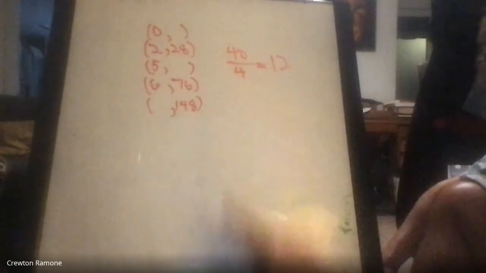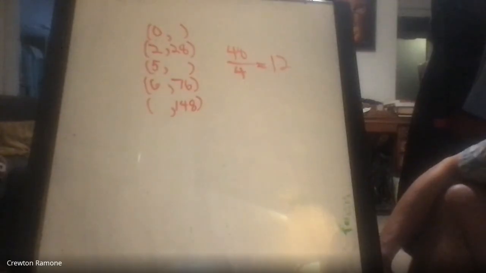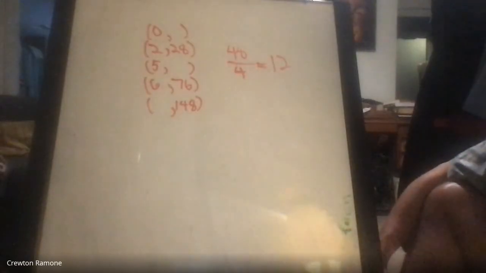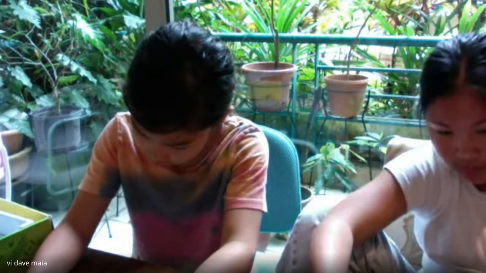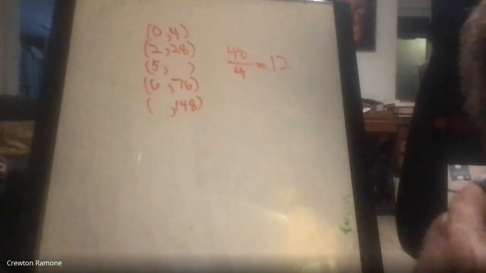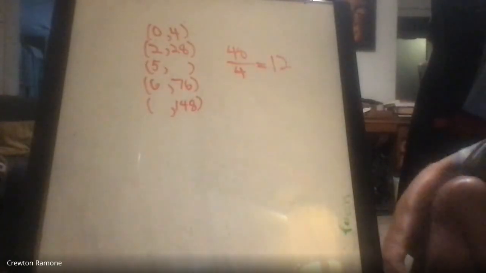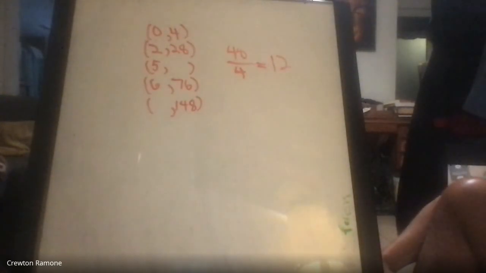If they make 12 an hour and they work for 2 hours, how many should be in there? Sorry, it's 4. They started with 4. How do you know?